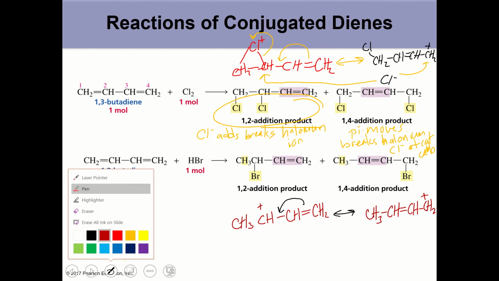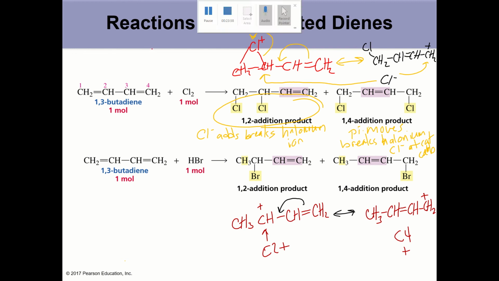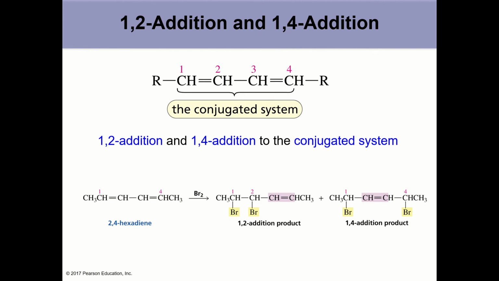So notice that the positive charge is either at carbon 2 or at carbon 4. And that explains why we have a 1,2 and a 1,4 addition product. Okay, so 1,2 and 1,4 addition.